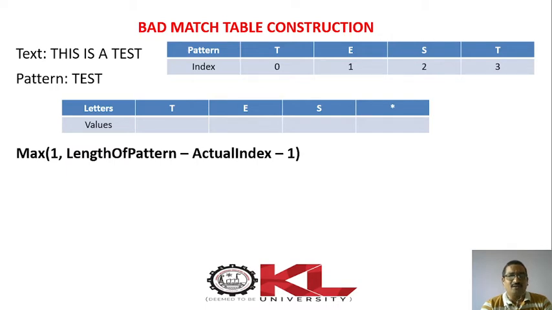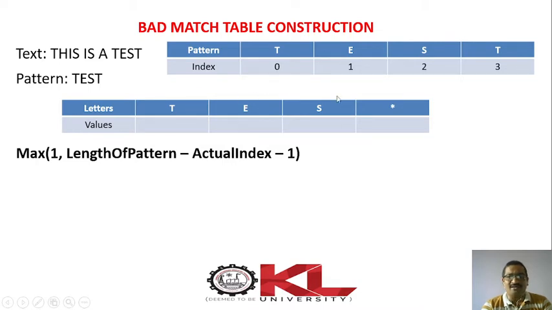Before that, we need to list individually how many characters there are in the pattern TEST. We give indexes for every character: T is 0, E is 1, S is 2, T is 3.